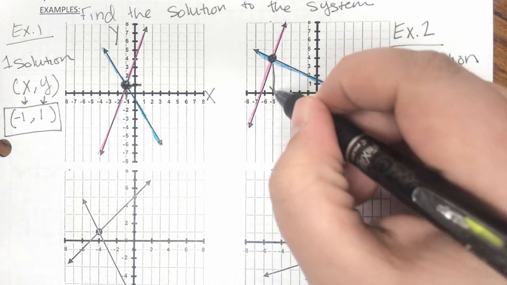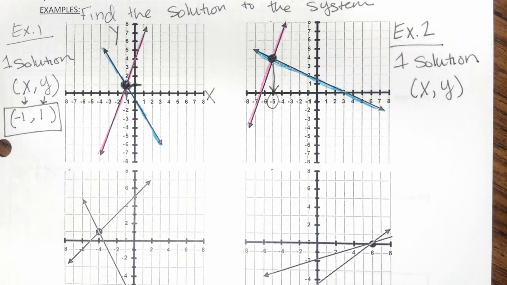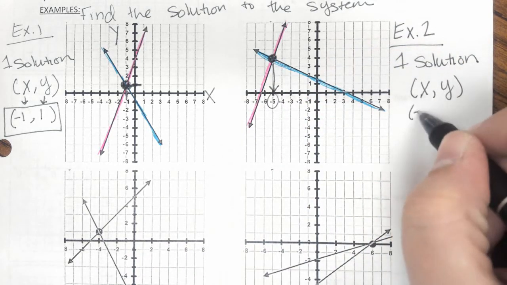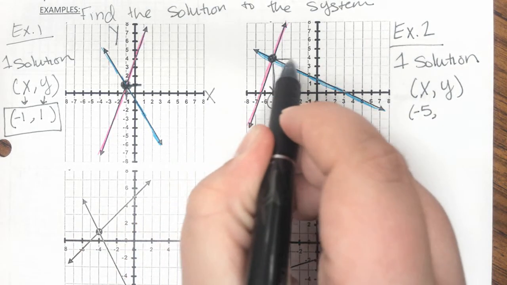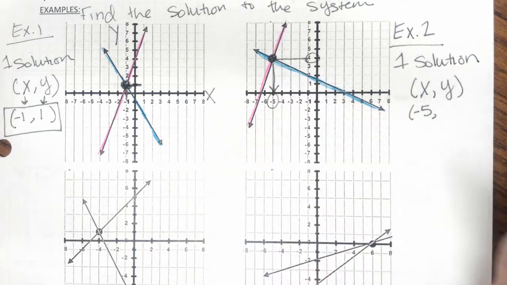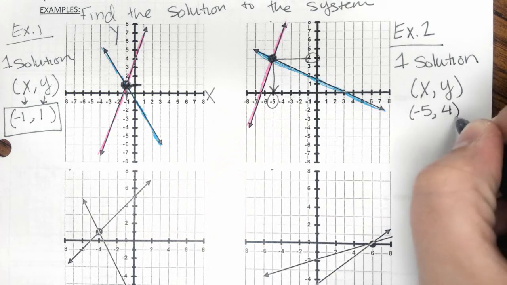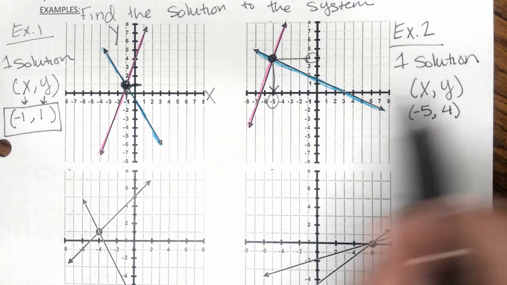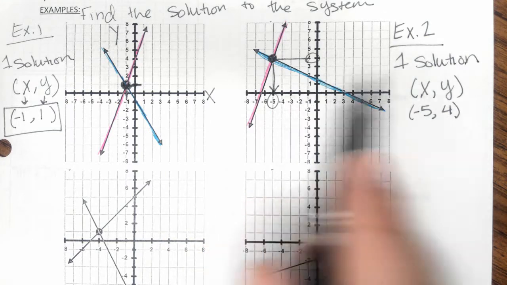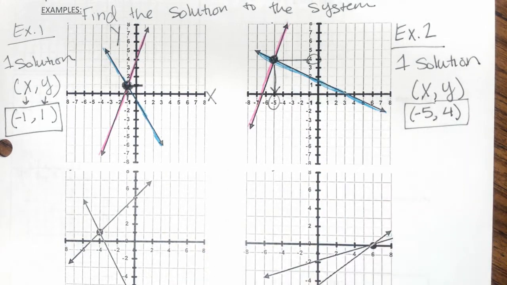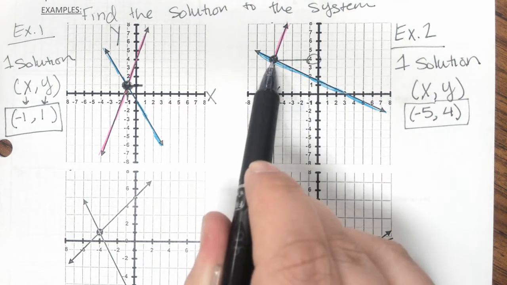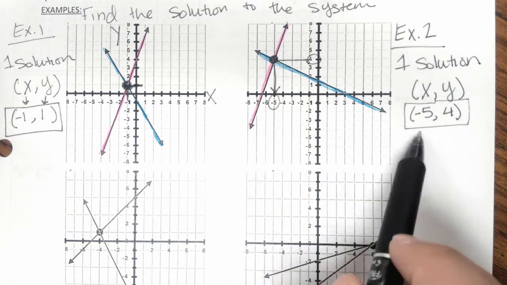The x value is -5. The y value of that ordered pair is +4. So the one solution to this system of equations is the ordered pair (-5, 4).